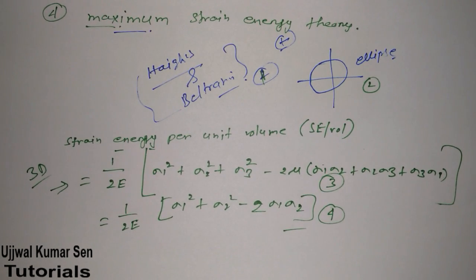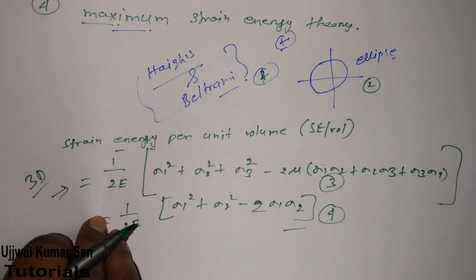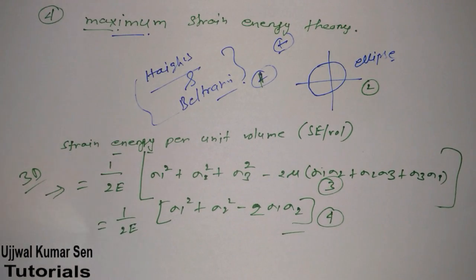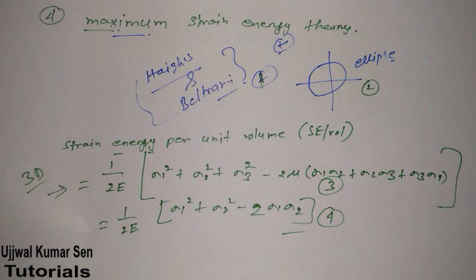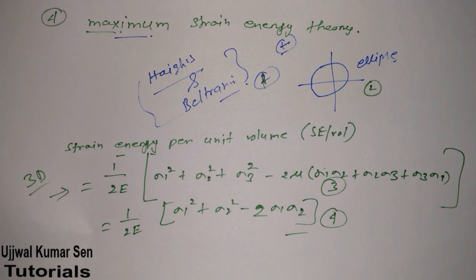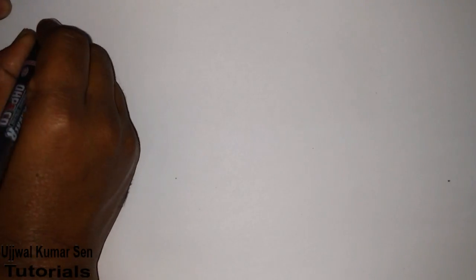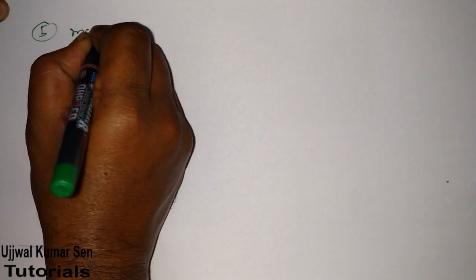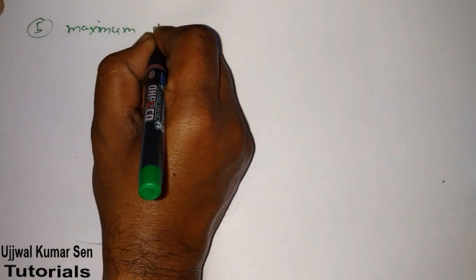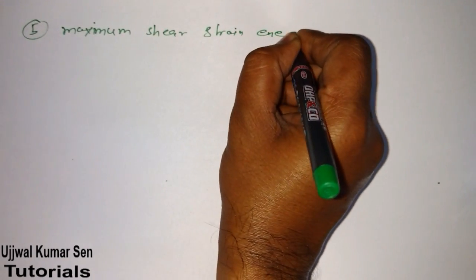Okay, so let's go for another theory of failure, that is the maximum shear strain energy theory, which is one of the most recommended, because the maximum shear stress theory is also most recommended, but yes, you can use this. Wait, let me share it with you first. The 5th one is the maximum shear strain energy theory.